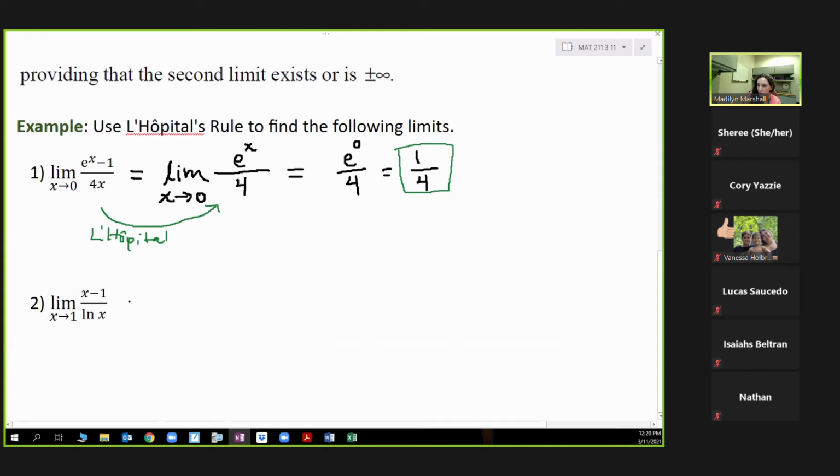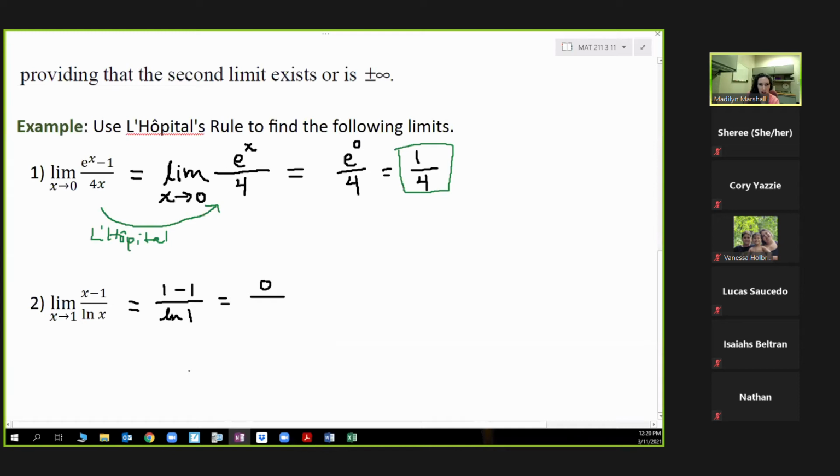So let's try and just plug it in first. If we plug in 1 here, we get 1 minus 1 over the natural log of 1. 1 minus 1 is 0, of course.